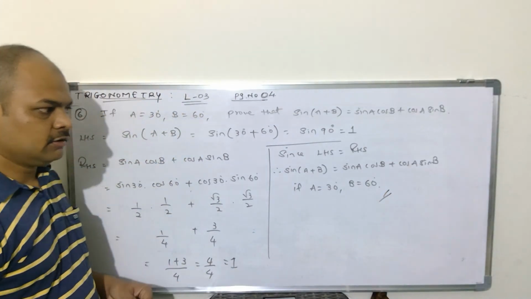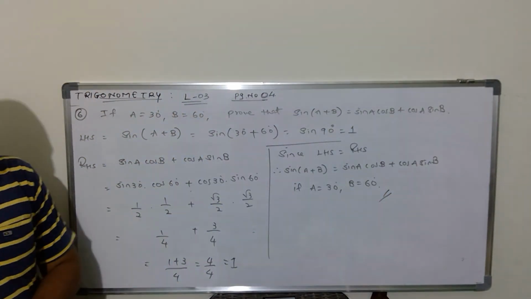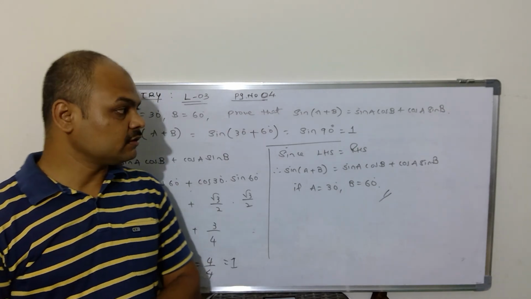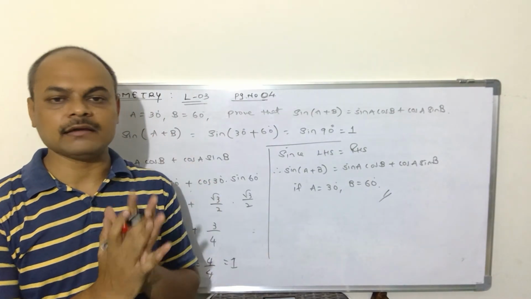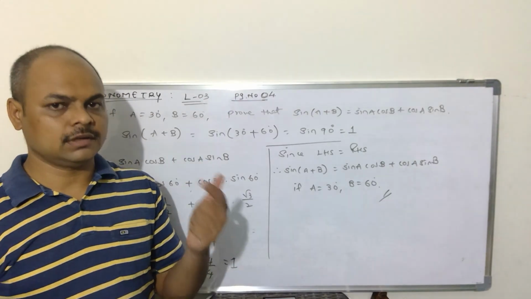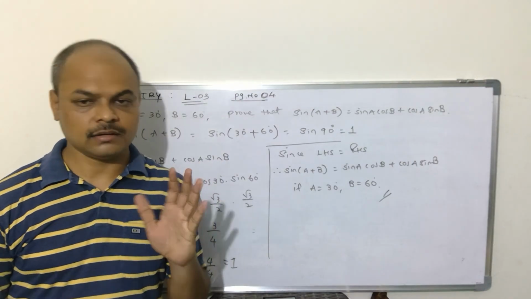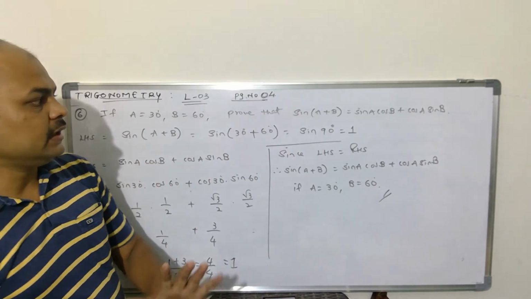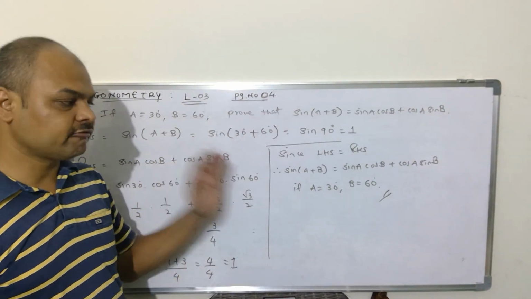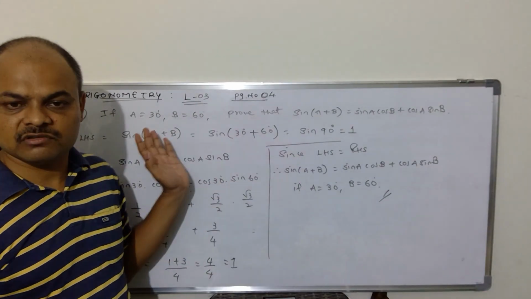Alright, so this is our today's lecture, in which we have discussed the trigonometric part using some 5 angles, which were 0, 30, 45, 60 and 90 degree. You have to remember this table perfectly, and then you try this kind of questions. Definitely you are going to crack all these kind of questions.